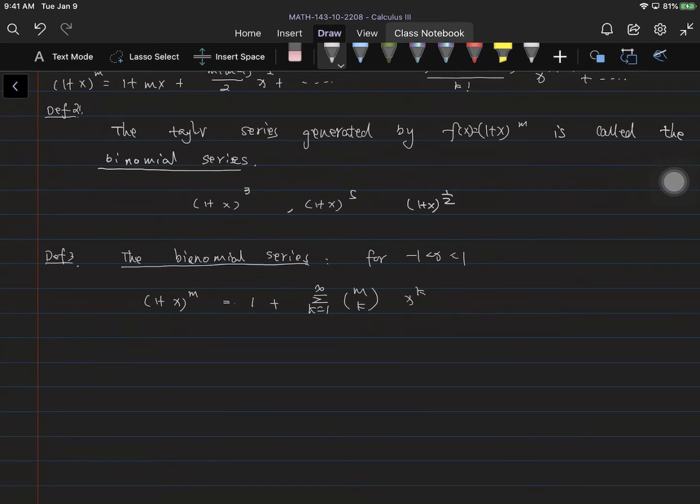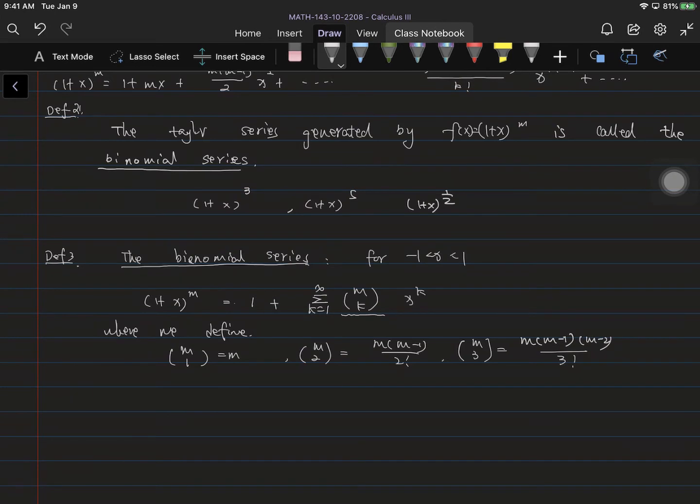So I'm going to give you the meaning of this one. Here we define m choose 1 as m, m choose 2 as m times (m minus 1) over 2 factorial. You can see m choose 3 equals m times (m minus 1) times (m minus 2) over 3 factorial.